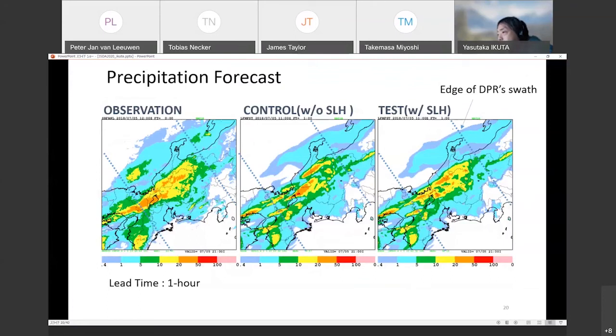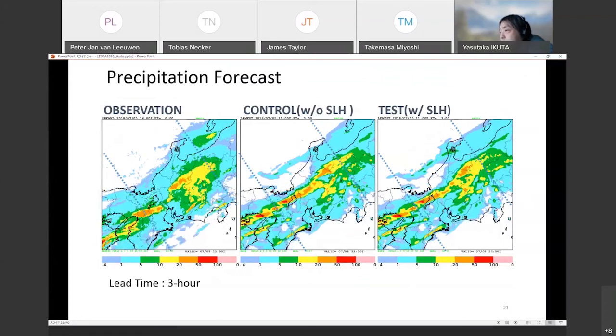The impact of nudging SLH on precipitation forecasts is shown in this slide. You can see that in the test experiment using SLH, the precipitation area is wider than the control and closer to the observation. This is the 3-hour forecast.